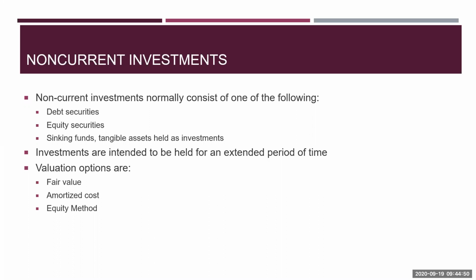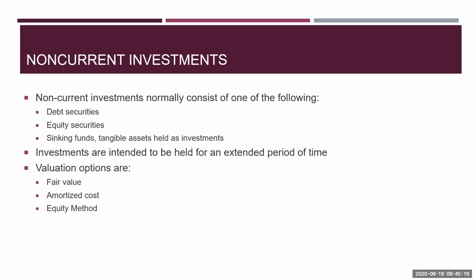Remember earlier on, we said if businesses have spare cash and end up buying debt or equity security of other businesses, then it becomes an investment. Depending on the business's intention of whether they want to hold these investments for the short term or long term, you could see these investments under the current asset section. If the intention is to hold them on a long-term basis, then you would see them in the non-current investments, which is here.